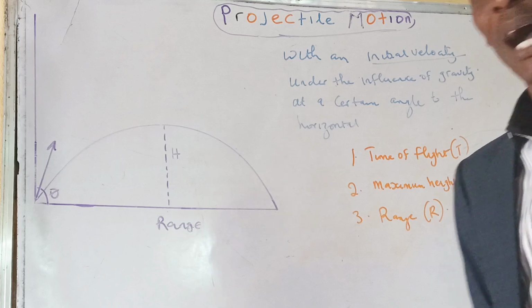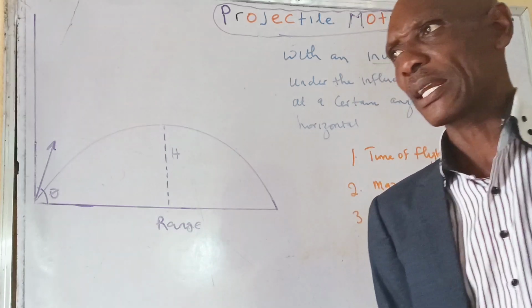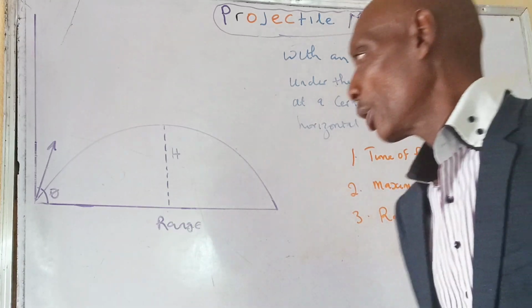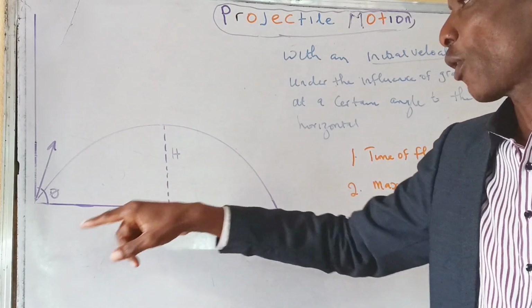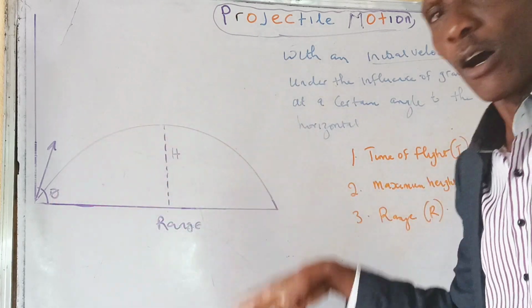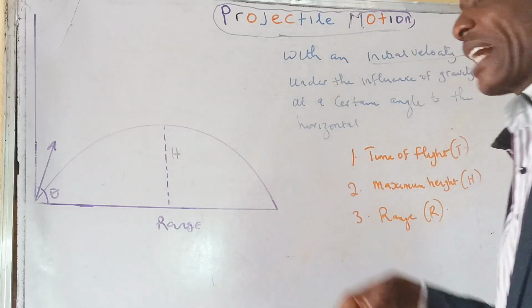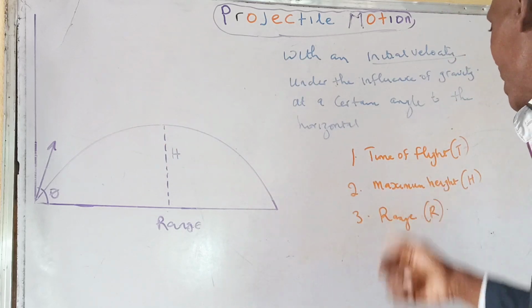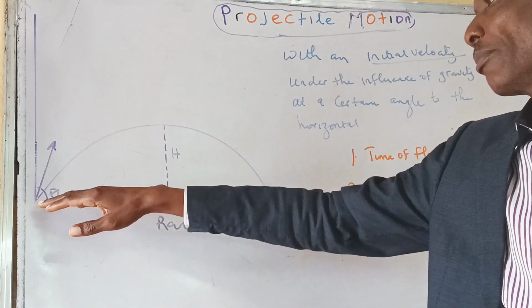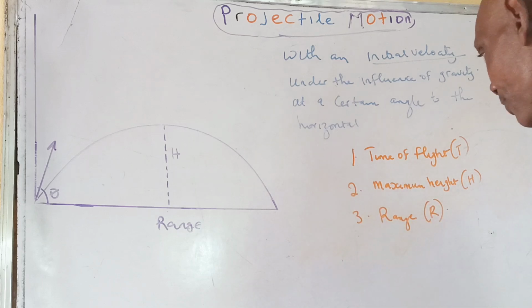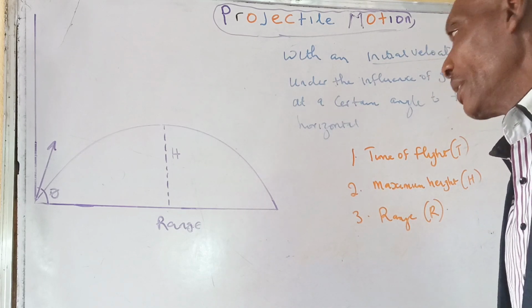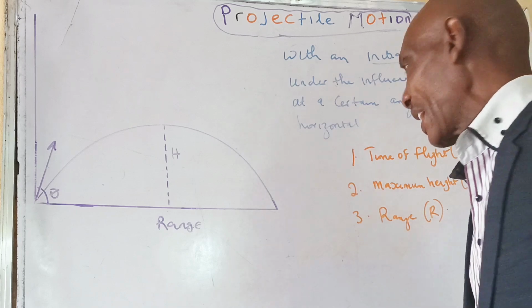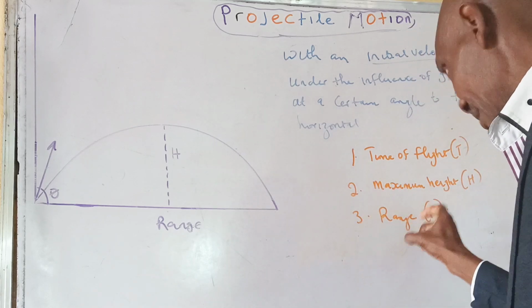The maximum height of a projectile refers to the maximum vertical height it attains before it begins to curve. Then let's talk about the range of the projectile. The range of the projectile is also a distance.